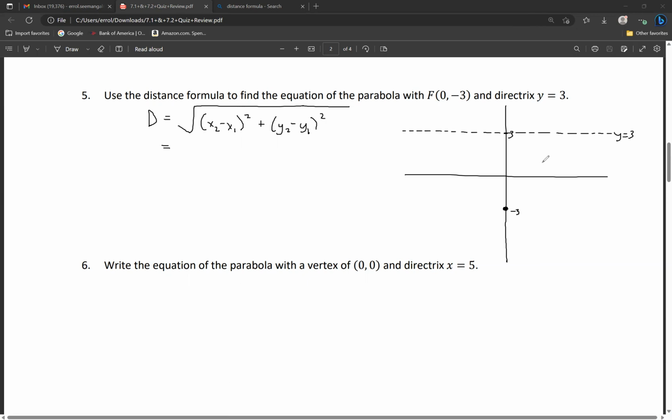If the a value is negative, it'll open down. But we're trying to find the equation of the parabola, right? Use this formula to find the equation of the parabola with focus 0, -3 and directrix y equals 3.